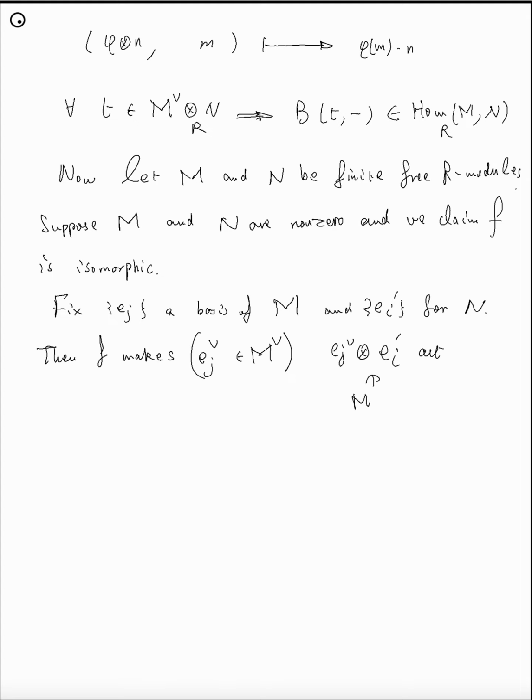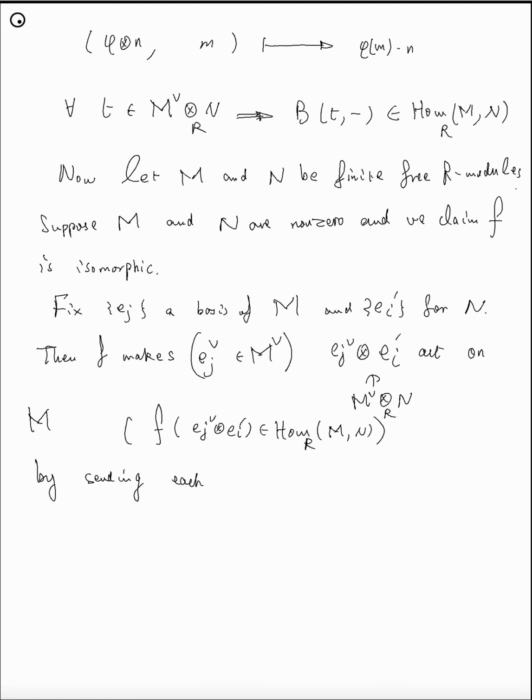So this is in M dual tensor with N, and it acts on M, because whatever the image F of the element e_j dual tensor e_i prime should be an R-linear map from M to N. By sending each basis element, you only have to define it on the basis, each e_k to what?